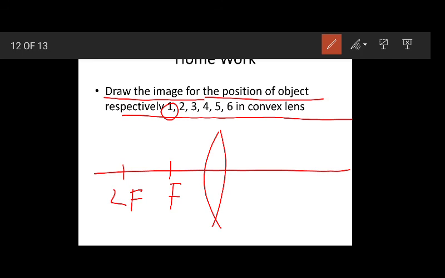This is position 1, position 2, position 3, position 4, 5, 6. Position 1 means infinity. Position 2 means between infinity and 2f. Position 3 means 2f. Position 4 means between f and 2f. Position 5 means focal length. Position 6 means between focal length and optical center.